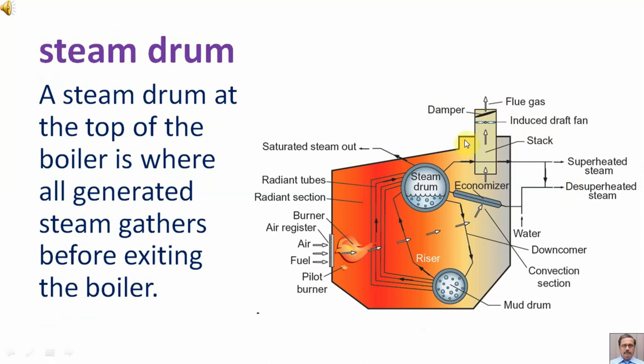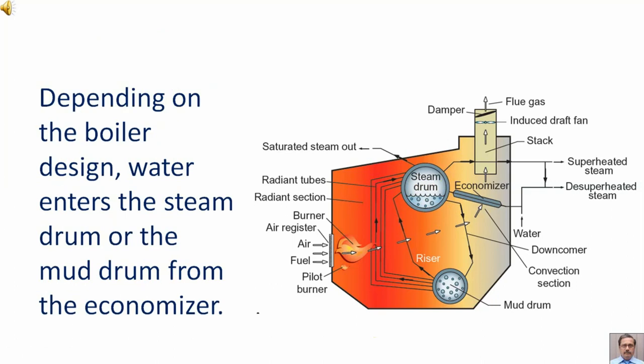A steam drum at the top of the boiler is where all generated steam gathers before exiting the boiler. Depending on the boiler design, water enters the steam drum or the mud drum from the economizer.